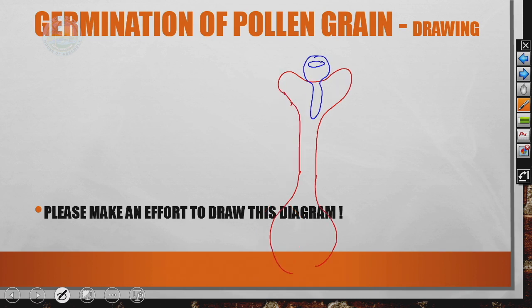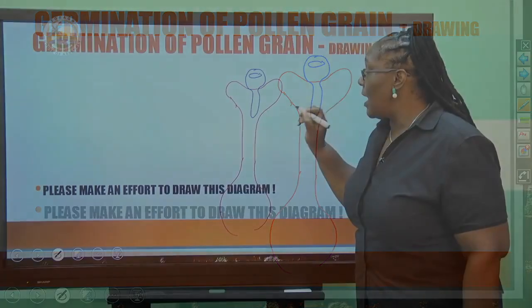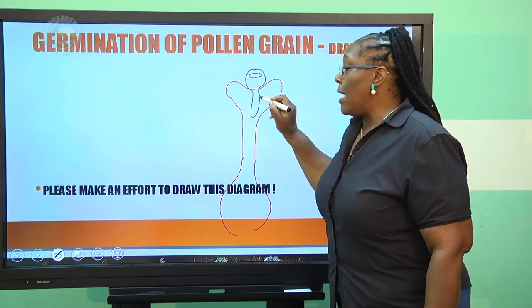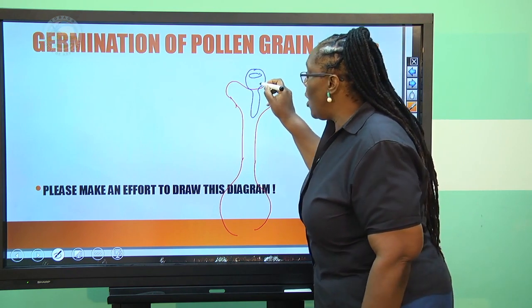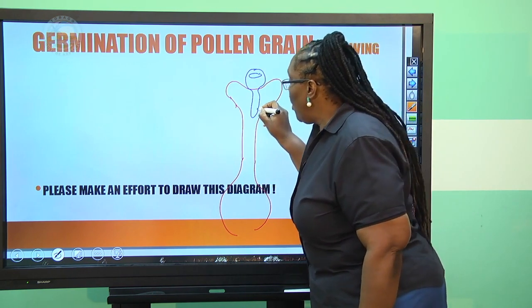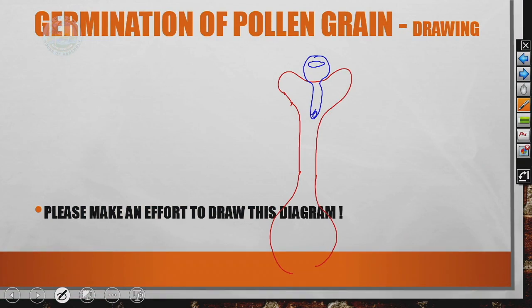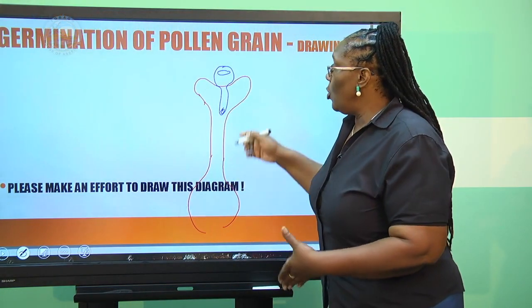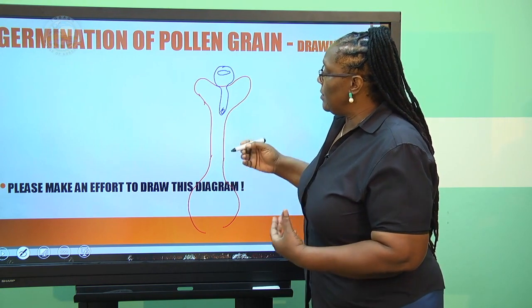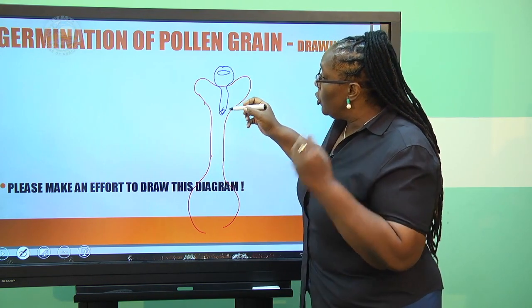So we would have had the two nuclei inside of this pollen grain, and as it begins to germinate, one of the nuclei, the pollen tube nucleus, actually directs the formation of the germ tube. So this will move downwards and it will push the formation of this germ tube all the way down the style. So what you would have seen is that there were two nuclei.